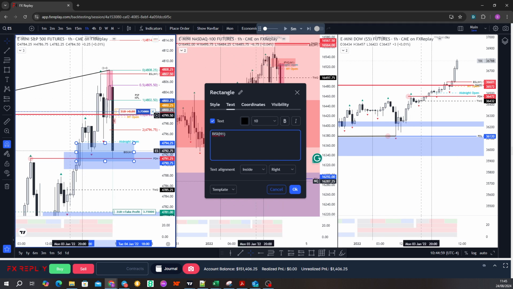Because on the way up, we've also got this one here, which we could argue is equally as important. This one, because price reaccumulated in this before it took out this high. Price reaccumulated in this one before it took out this short-term high. That's why I'm marking up this one here.